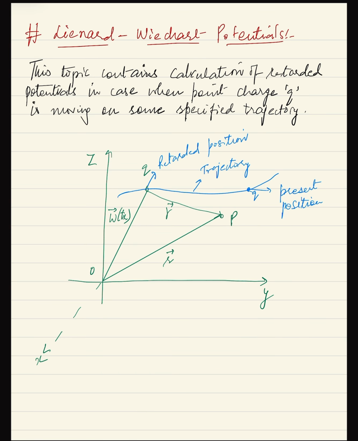Okay, so in the retarded potentials, initially we saw that potentials and the fields can be found by the usual method. But let's suppose now the source is traveling.